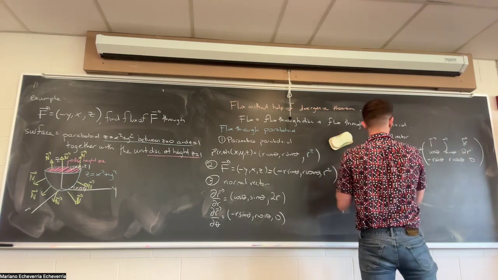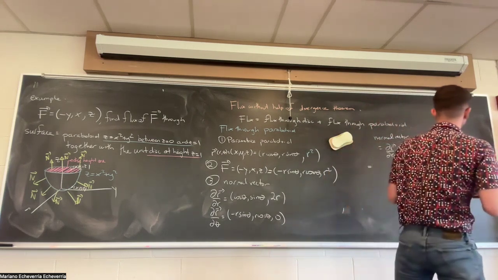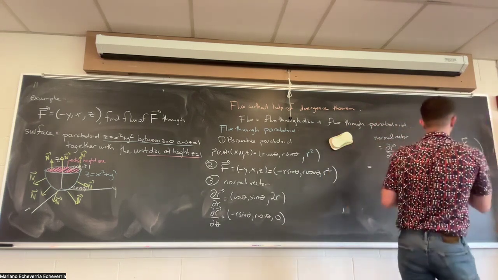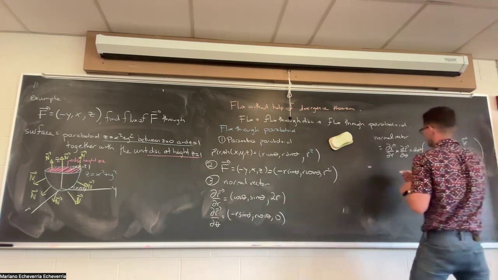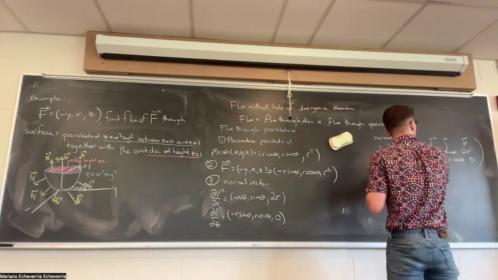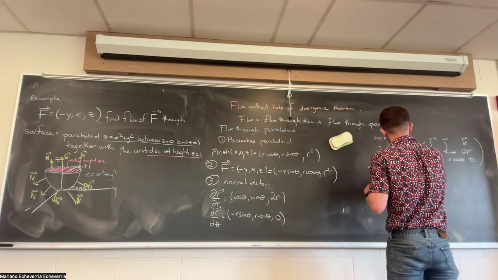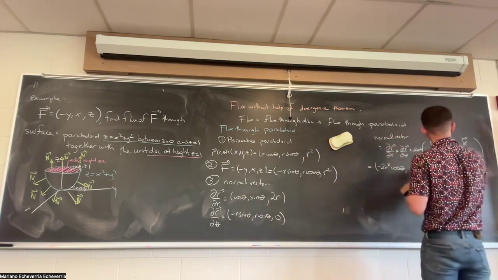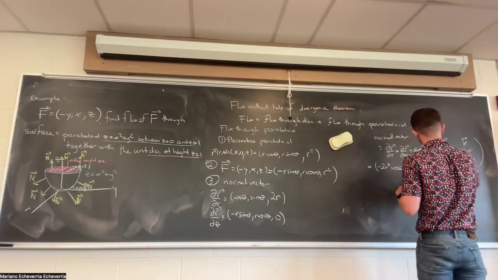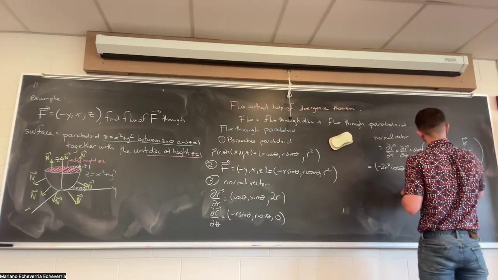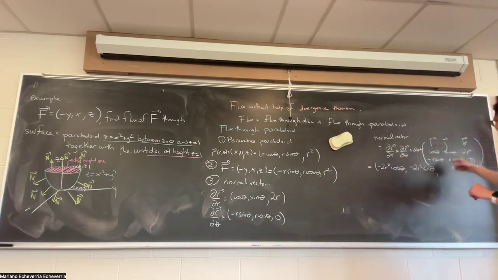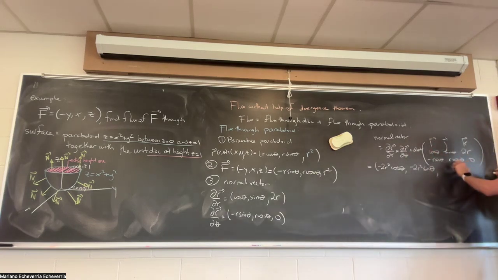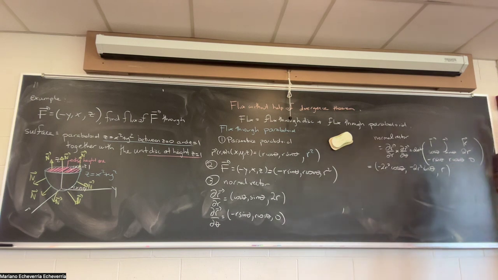So this gives you, when you do the cross product, minus 2r squared cosine of theta, and then negative 2r squared sine of theta. And the other one is still r cosine squared plus r sine squared. So the third entry continues to give you r. Okay.